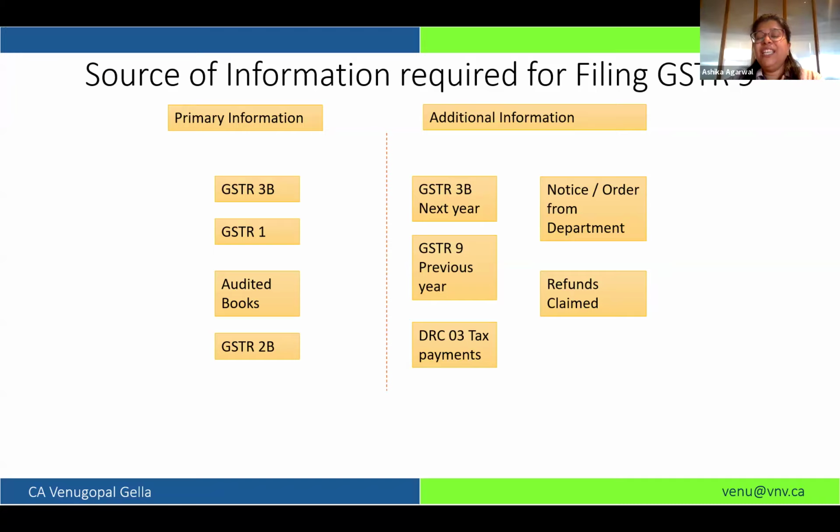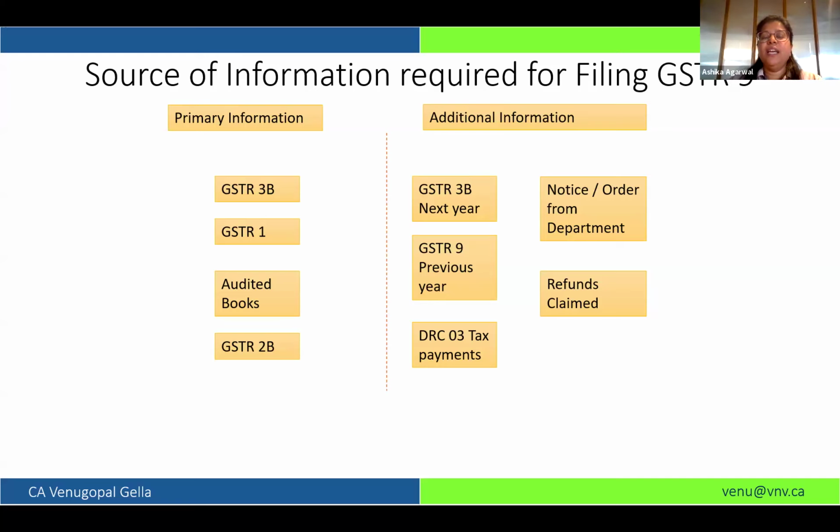But with this, you need additional information also. Like we talk about part 5 of GSTR 9, which deals with 24-25, any adjustment done in 25-26. So I also need next year's GSTR 1 and 3B to verify if any adjustment I have done.